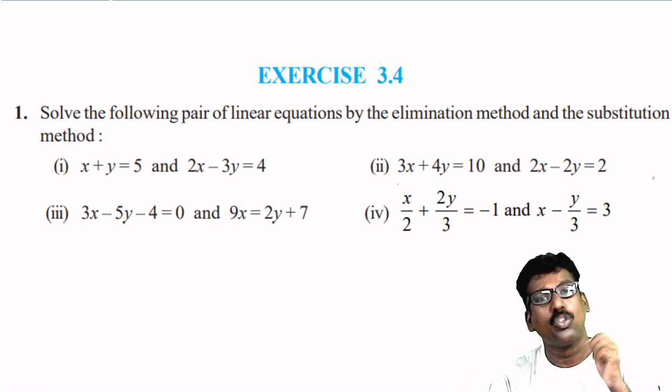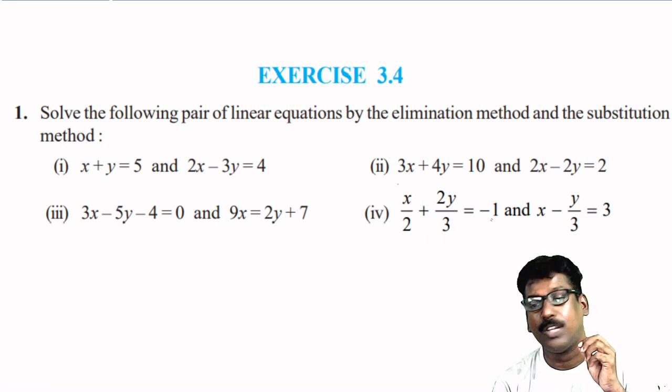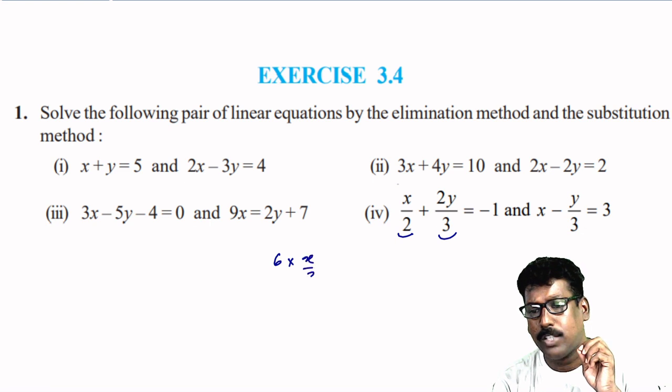Here the fourth question, x by 2 plus 2y by 3 is equal to negative 1. To eliminate this denominator, the LCM of 2 and 3 is 6. You multiply 6 into all the terms, that is 6 into x by 2 plus 6 into 2y by 3 is equal to 6 into negative 1.